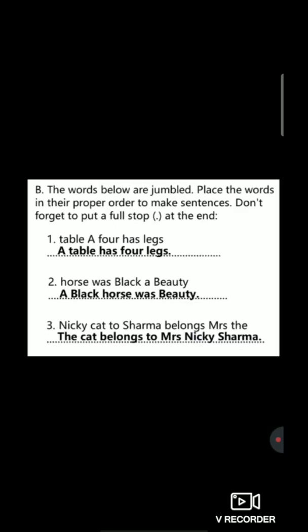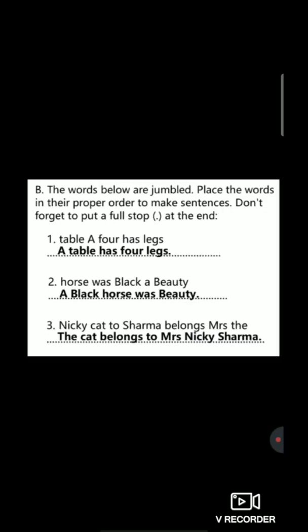The third one. Nikki cat to Sharma belongs Mrs. The. So the answer will be: The cat belongs to Mrs. Nikki Sharma. At the end of the sentence, we have to give a full stop.